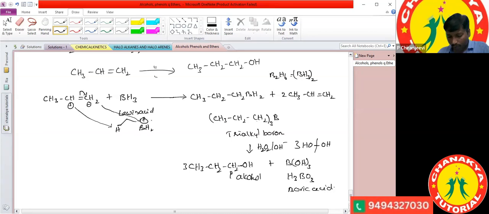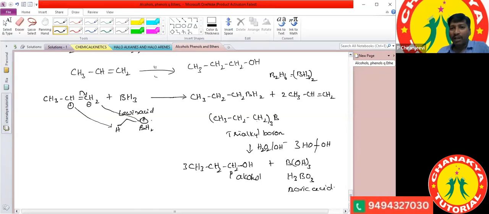First, what we had seen, the Markovnikov rule. In the Markovnikov rule, the negative ion attaches to the carbon which has fewer hydrogens in an alkene.